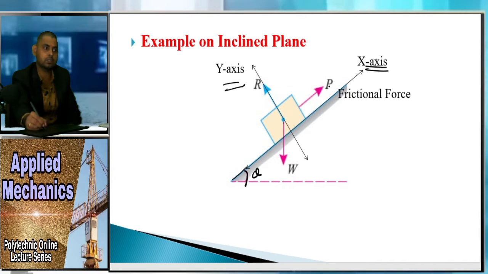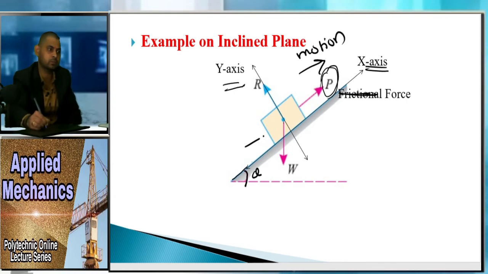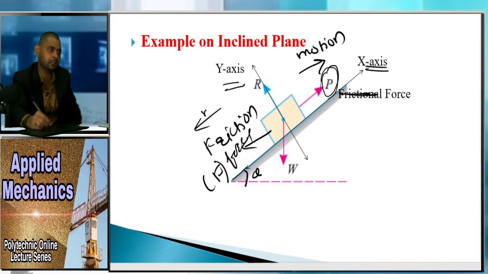Your force here is P. Suppose this is the only force. Suppose the motion of the body is from this side, then the friction force should be from this side. So this is your friction force F. And suppose the motion of the body is this side, then the friction force is towards this side.